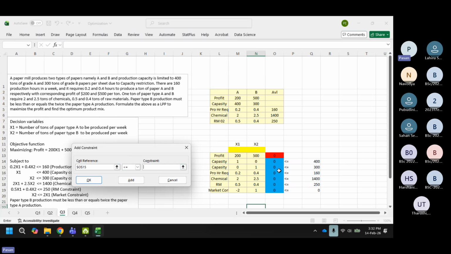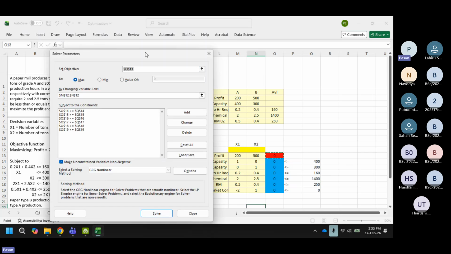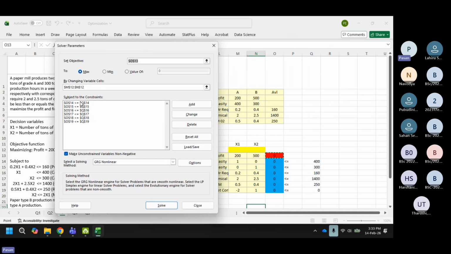So all these are less than or equal, right? Okay, so I just write all the constraints there.